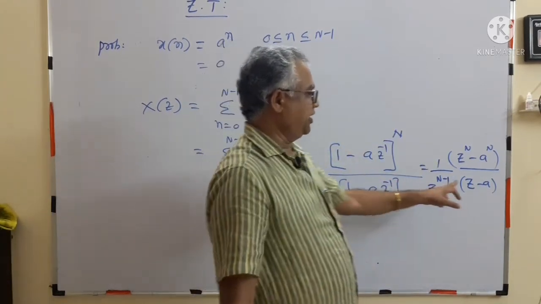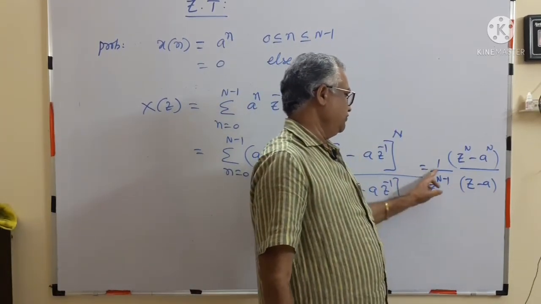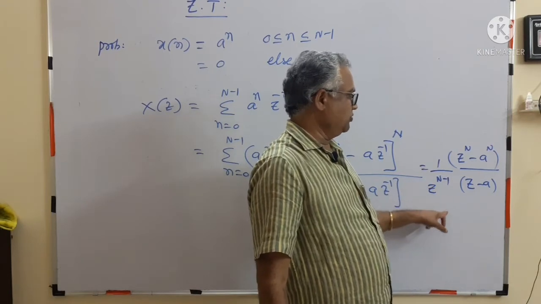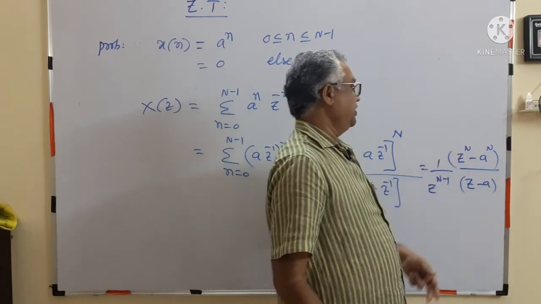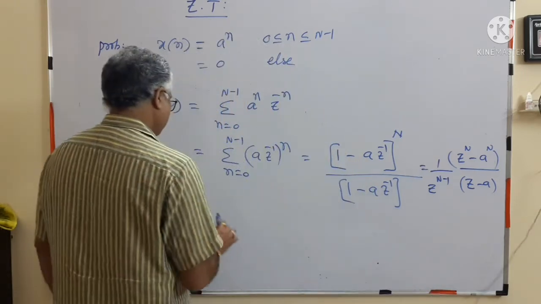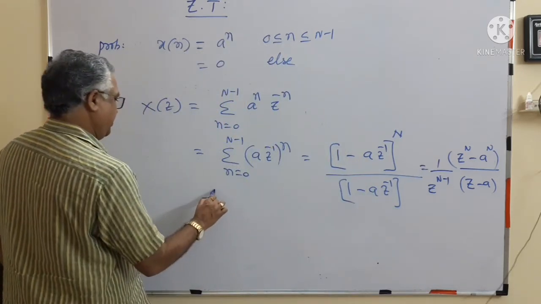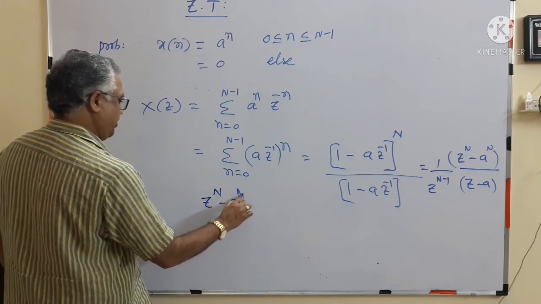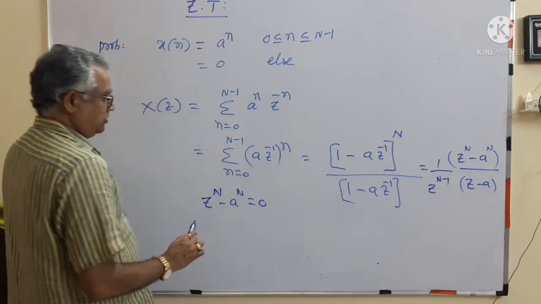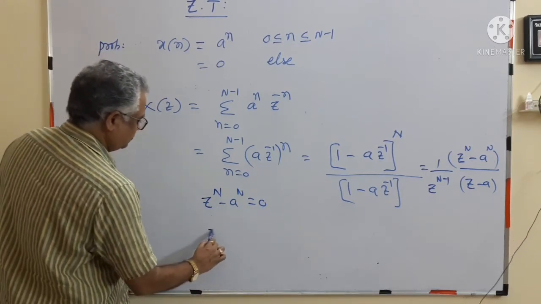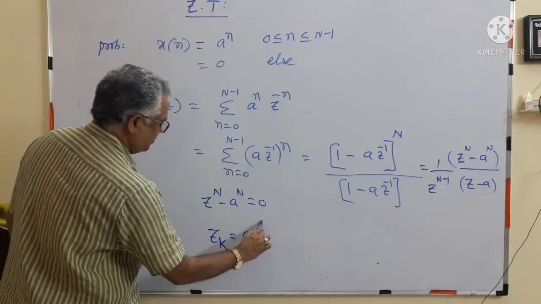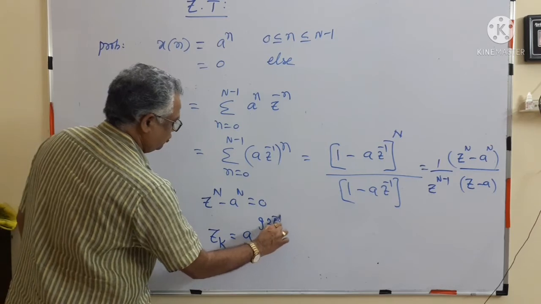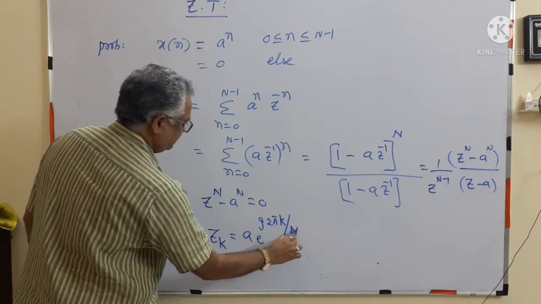So we have a pole at z equal to a, we have a pole at z equal to 0, we have n number of zeros. So z power n minus a power n equal to 0, we have n number of zeros, decided by a e power j 2 pi k by n.